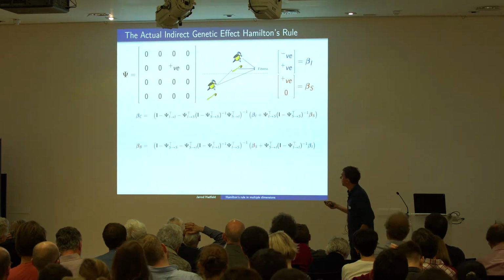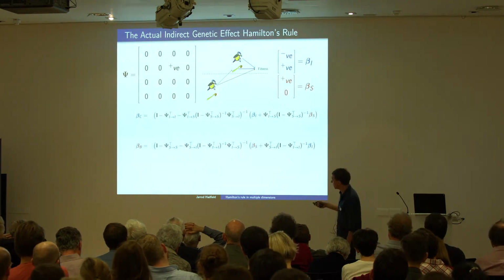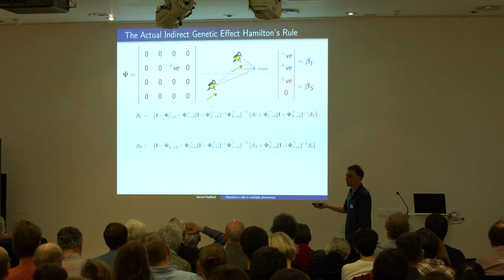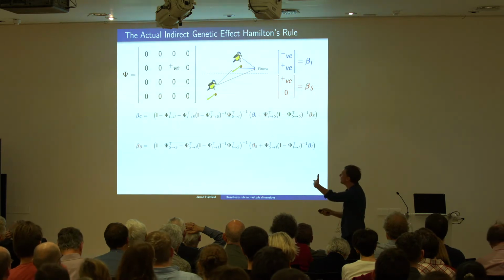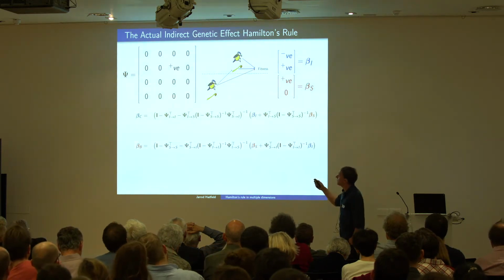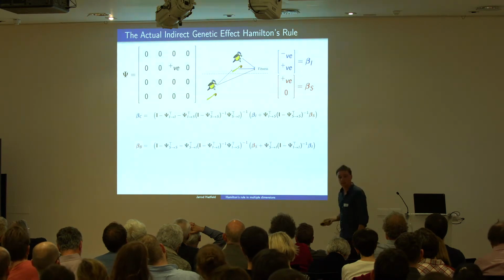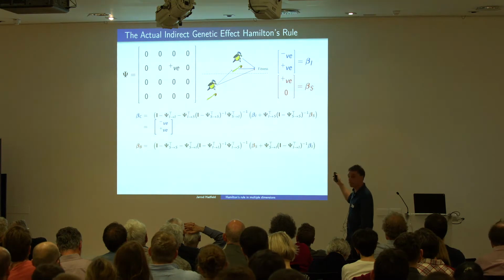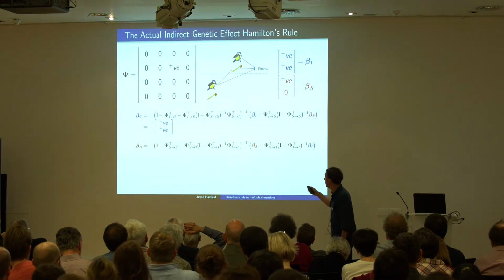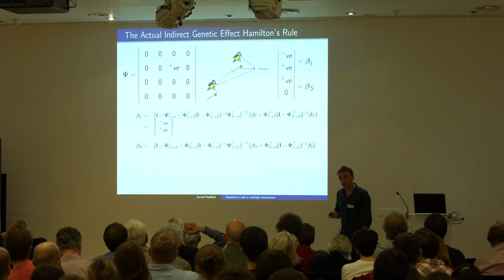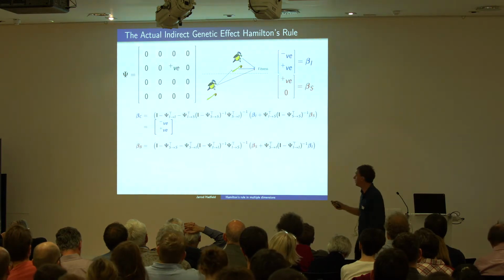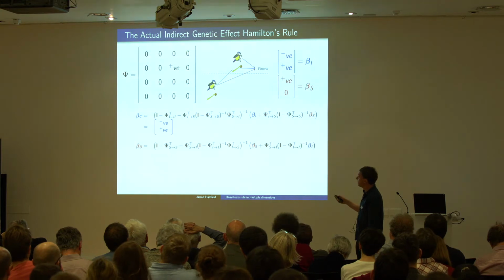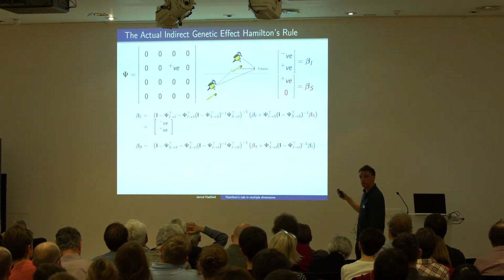Okay? So in terms of the cost, well, let's go for the benefit because it's easier. No, let's go for the cost. So this is the total effect of, say, provisioning behaviour on the actor's fitness. So in this simple example, it is actually just this vector. It's these red arrows. That's all this horrible equation is doing. The benefit is a bit more complicated because there are two ways in which the provisioning behaviour of the mother can affect the offspring's fitness.